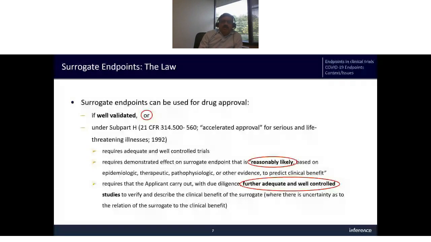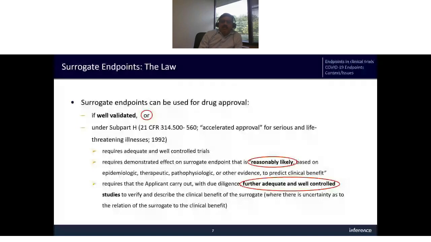But what it basically says is that even if it is not well validated, an endpoint can be used as a surrogate if it is reasonably likely, based on therapeutic or physiologic evidence, that it can predict clinical benefit. So it's not quite validated, but it's reasonably likely from the way the drug works.